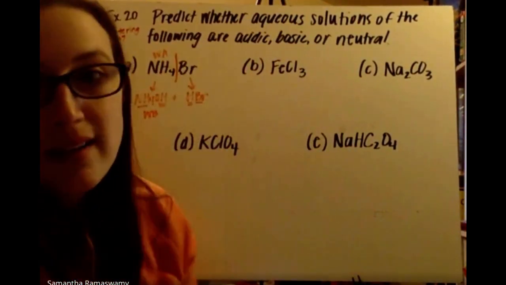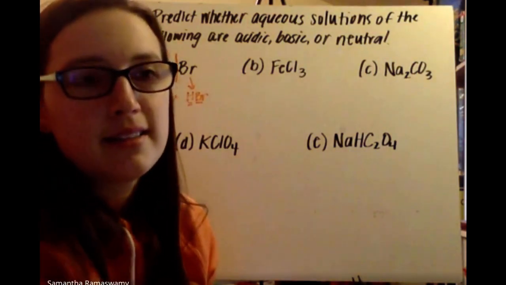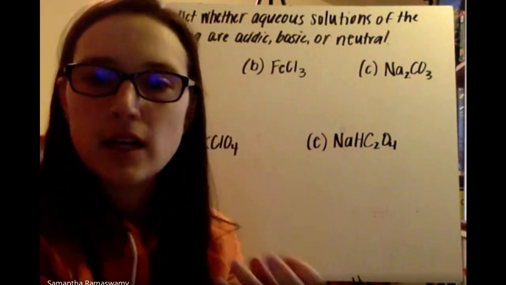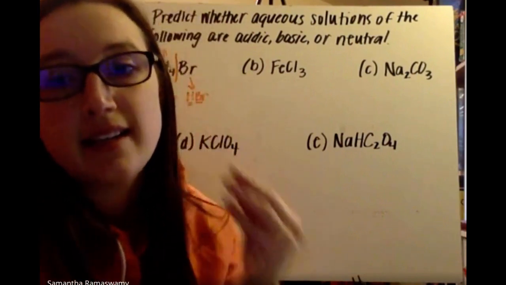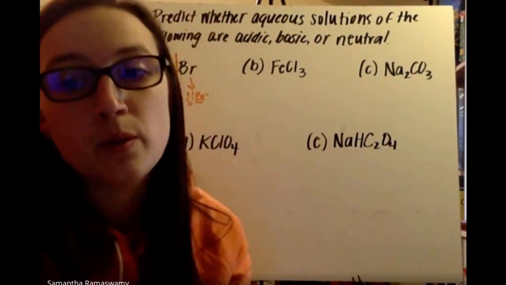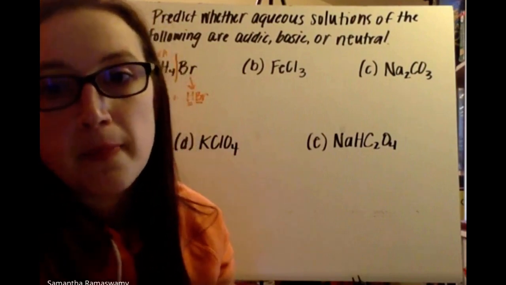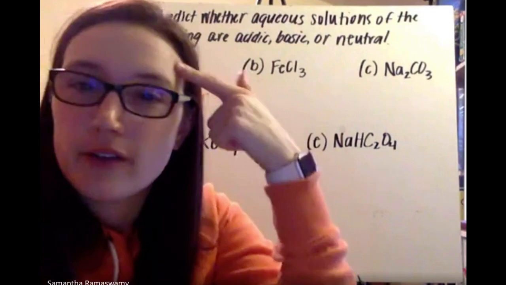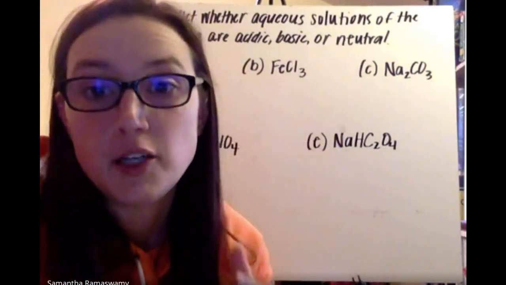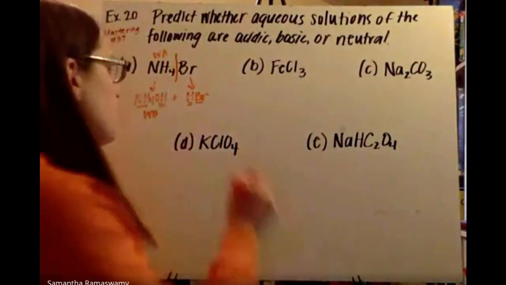Now I know that NH4 plus is not a conjugate acid like we've been looking at, but it is considered an acidic cation because it comes from a weak base. Now if we look at HBr, you have to think about your 7 strong acids. HBr is one of your 7 strong acids.